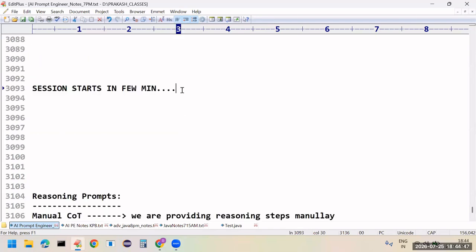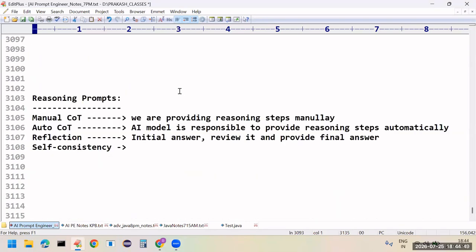So, in the last sessions, we have seen types of reasoning prompts, like manual COT, where we provide the reasoning steps manually. We write the steps ourselves and ask the AI model to solve the problem based on them.